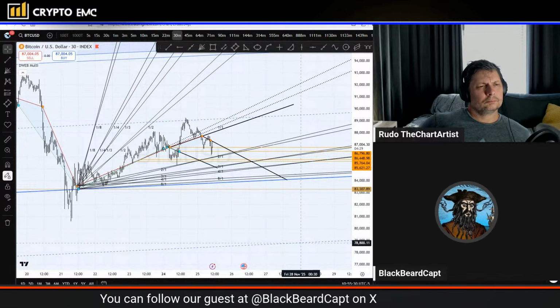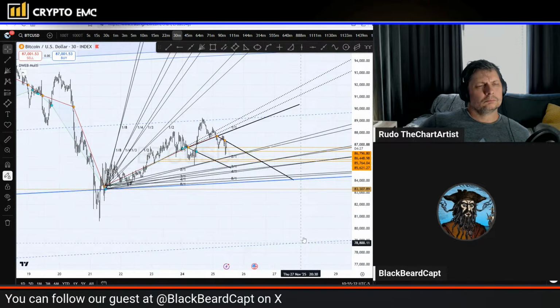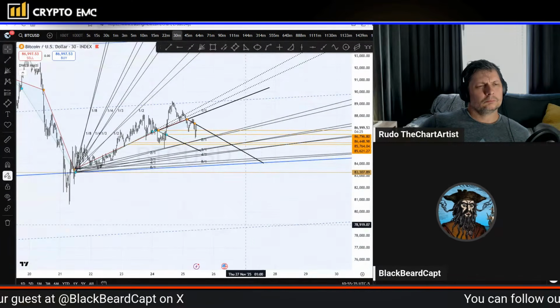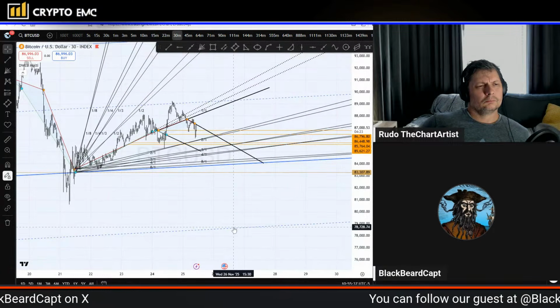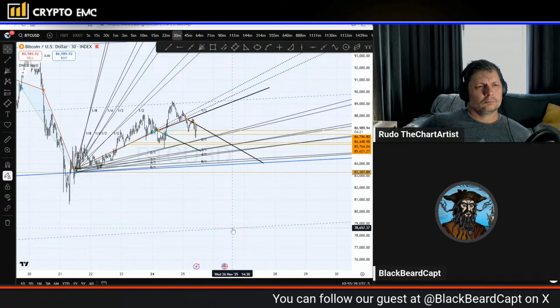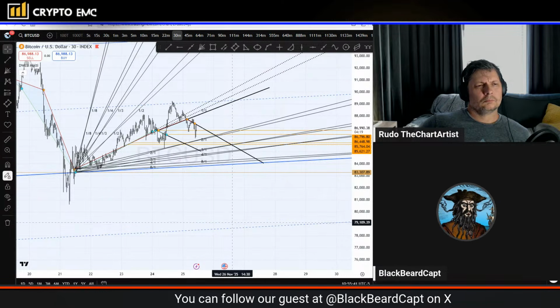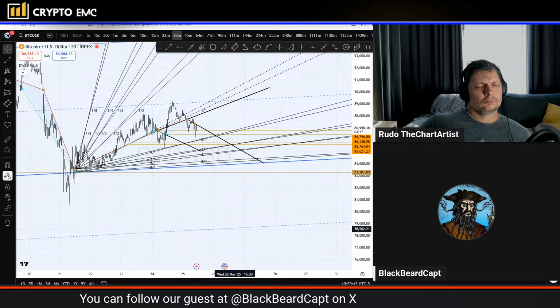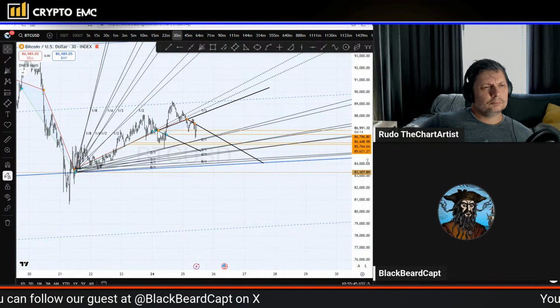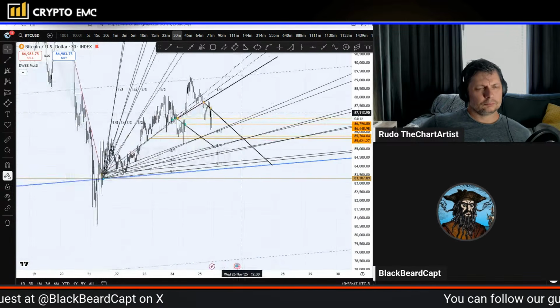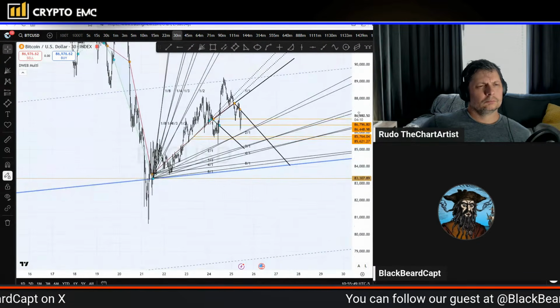That's just probably where I would be. This is still a 30-minute chart, but you could probably use something like this, because this is where I think that we could go before we pop again. And I have a lot of interest in spot at 78 just to see where it goes. But that's where I'm at on this.